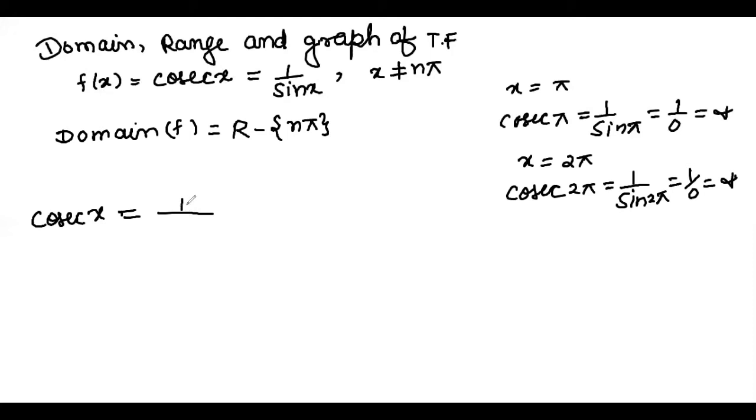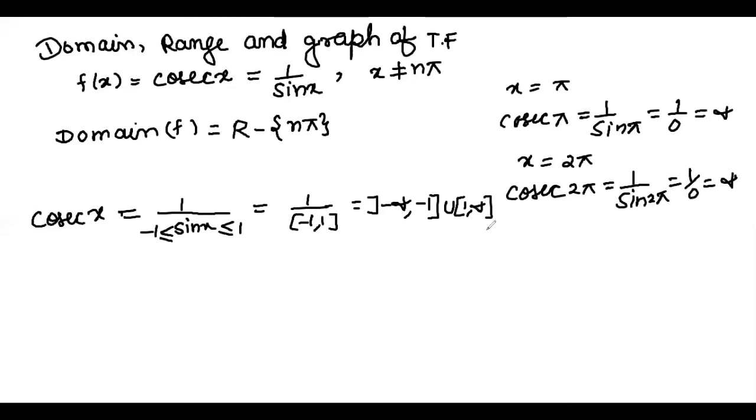So we can write 1 by sin x is greater than or equal to -1 and less than or equal to 1, meaning sin x values are between -1 and 1. So we can write it as 1 by the closed interval -1, 1. So finally we can write this value as minus infinity to -1 union 1 to infinity. So this is the resultant range value of cosec x.